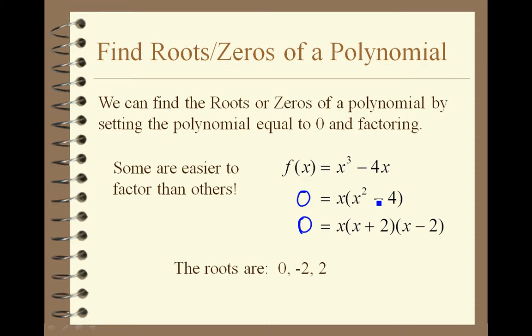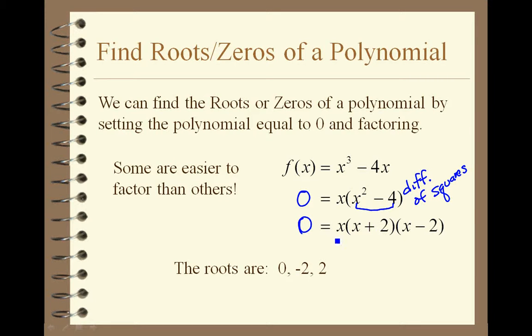X squared minus 4. This x squared minus 4 is called a difference of squares, so the factors are x plus 2 and x minus 2. You can always multiply all of this back to see if you get back x squared minus 4, and then multiply x times x squared minus 4 to see if you get back x cubed minus 4x.